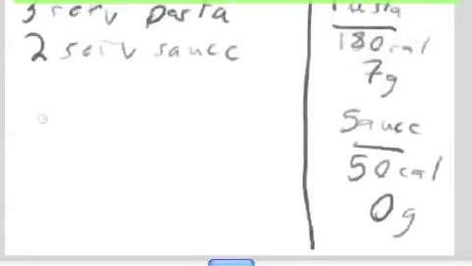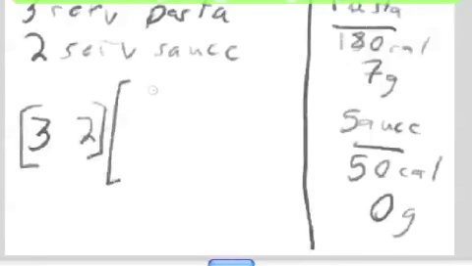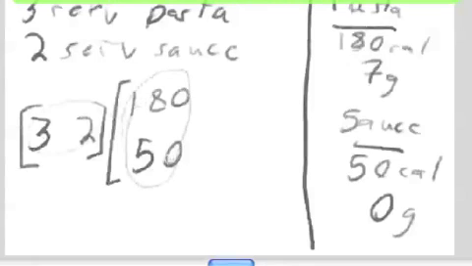So let's talk about calories first. We want to take our 3 and our 2 and multiply them by 180 and 50. Following our matrix multiplication conventions, we take this row and multiply each of its elements by each element in this column. So we take the 3 times the 180, because there's 180 calories in each of 3 servings of pasta.